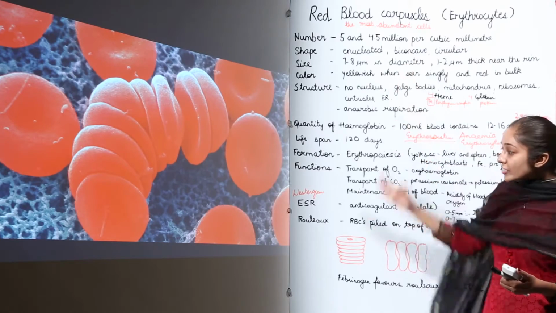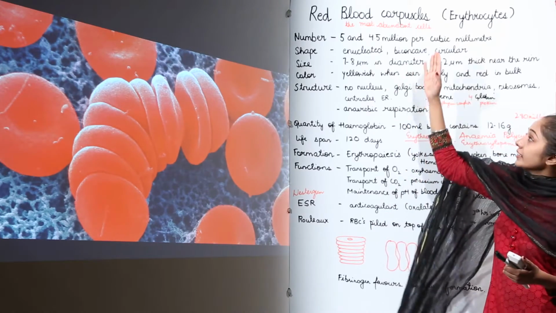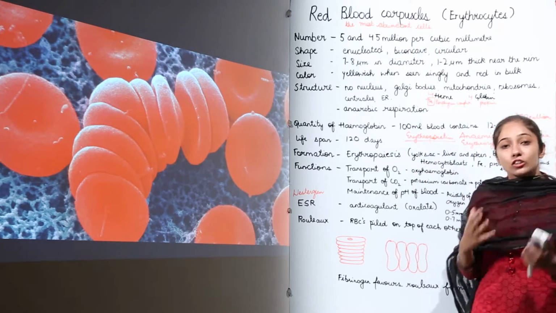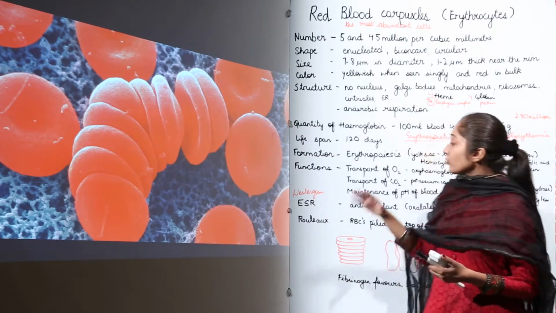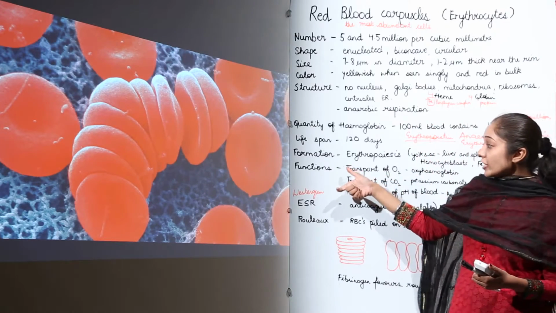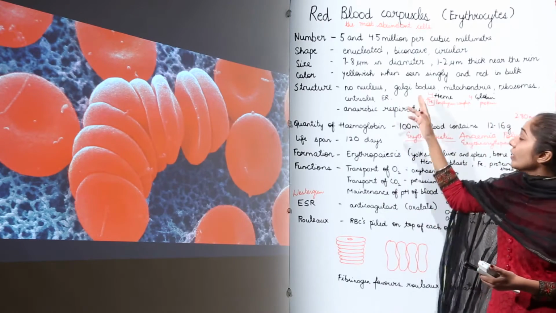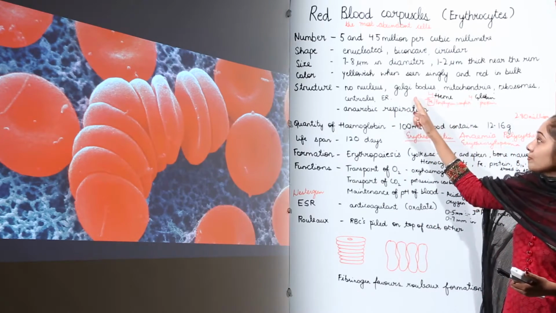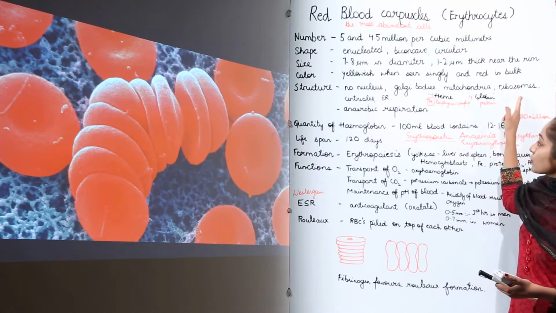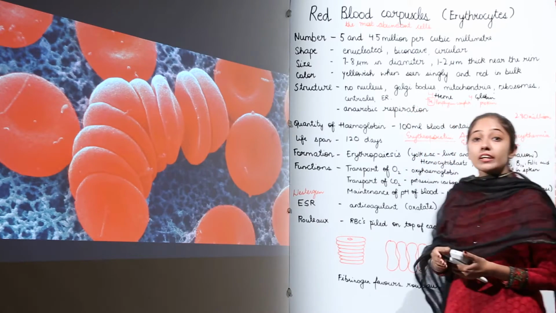So as a whole, I hope that the red blood corpuscles, the erythrocytes, are very clear to you. You need to remember what the main function is, and remember that they have no nucleus and they don't have these organelles, that is Golgi bodies, mitochondria, ribosomes, centrioles, endoplasmic reticulum.